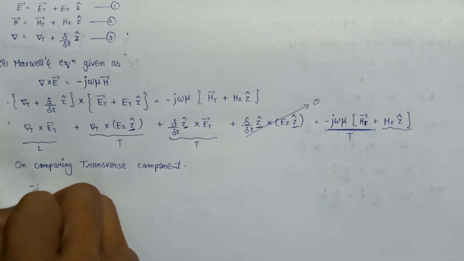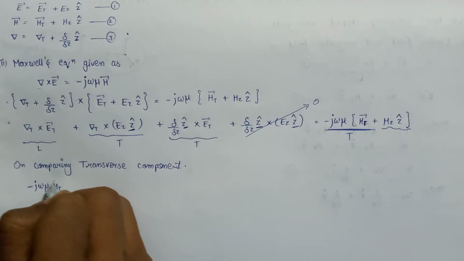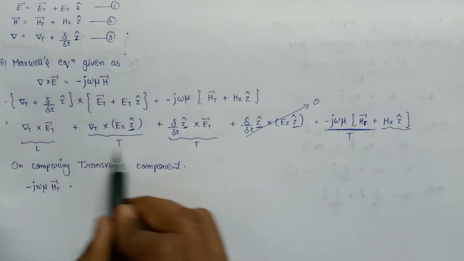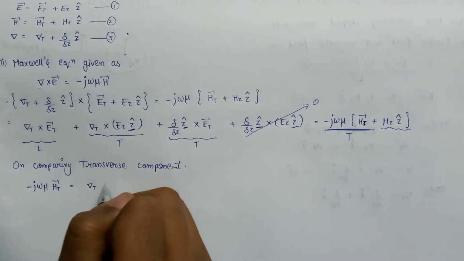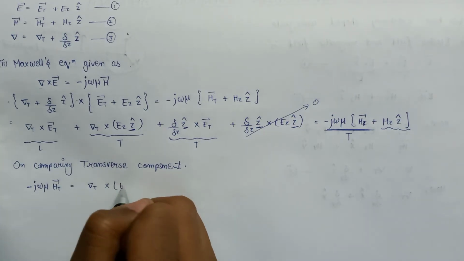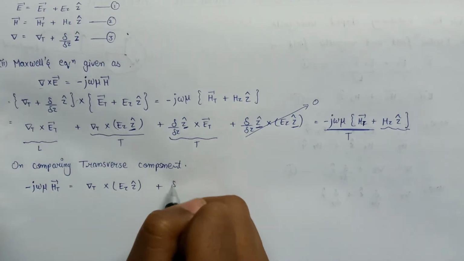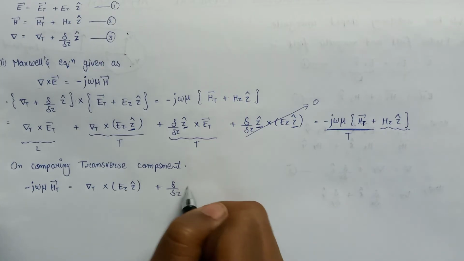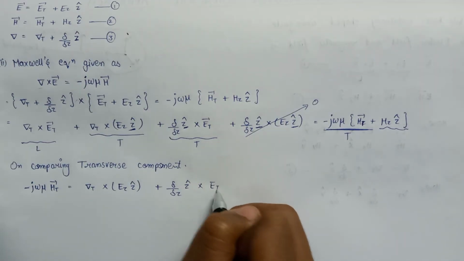So minus j omega mu H transverse is equal to this transverse component, that is del T cross Ez Z cap plus del over del Z Z cap cross E transverse.